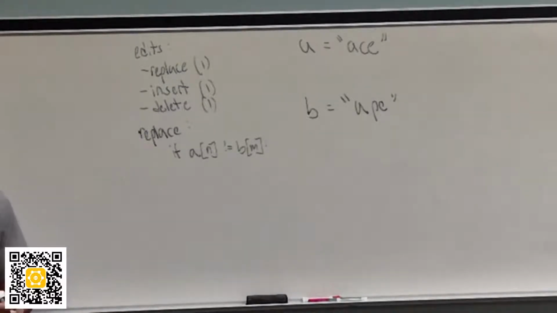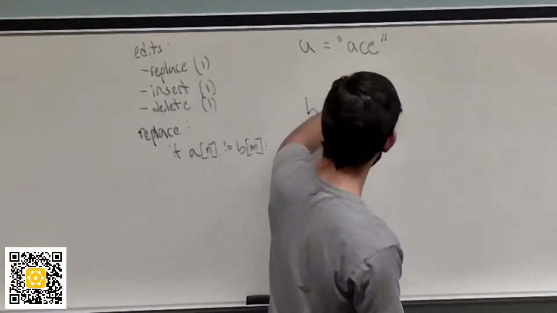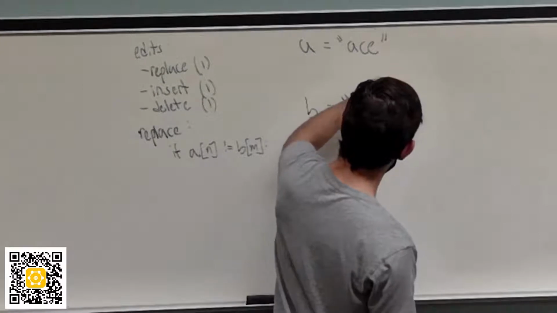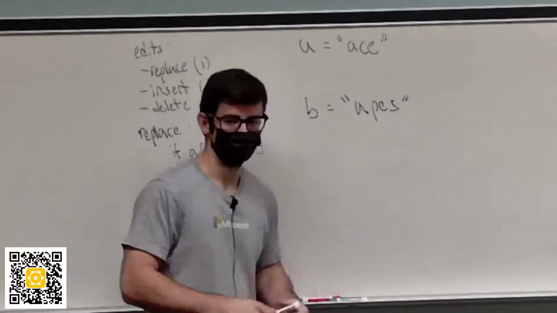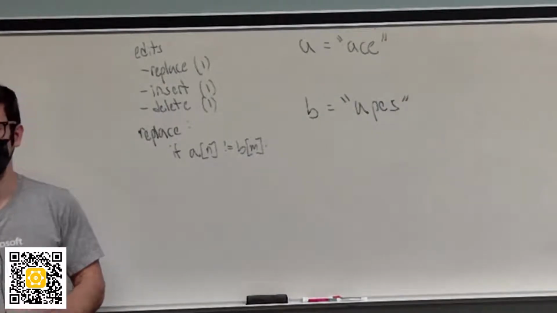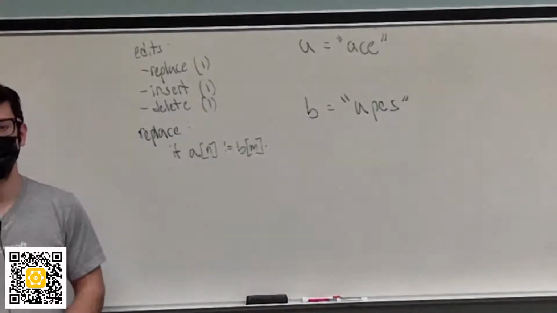No, because they have different lengths. Yeah, but we wouldn't be replacing it if it had a different length. That would be insert. No, that's just to index each. N indexes A, it's like I, and then N indexes B, so it's like J. And we might move those differently when we're doing recursion.